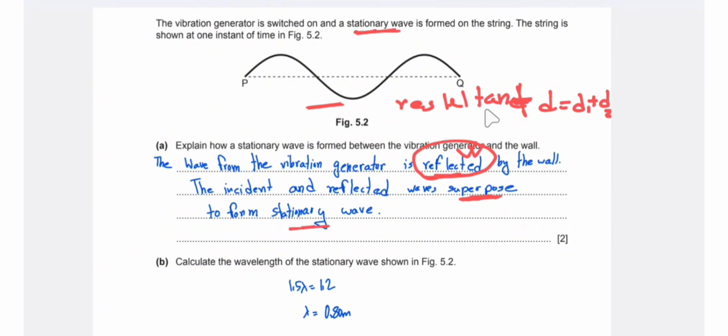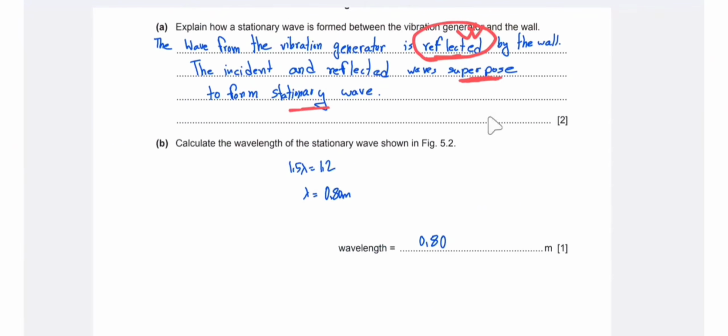So the resultant displacement is the sum of the individual displacements.